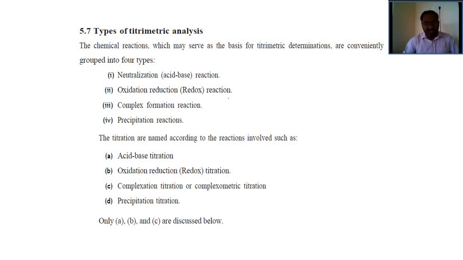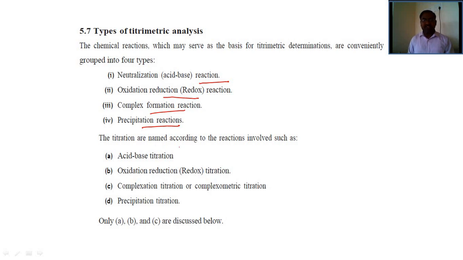Next, we'll move on to the different types of titrimetric or volumetric analysis. The chemical reactions which may serve as the basis for titrimetric determinations are conveniently grouped into four types: neutralization reaction, oxidation reduction reaction, complex formation reaction, and precipitation reaction.